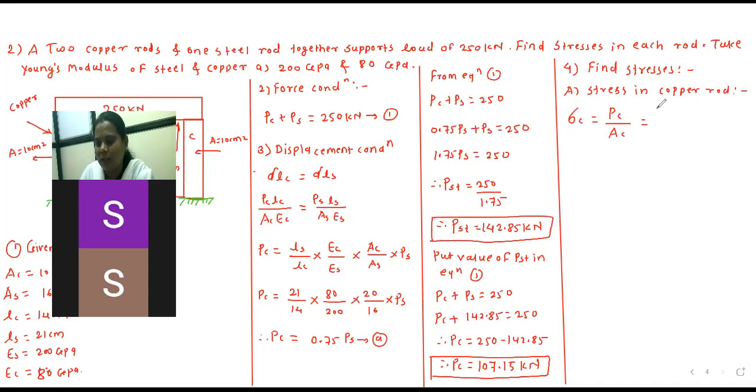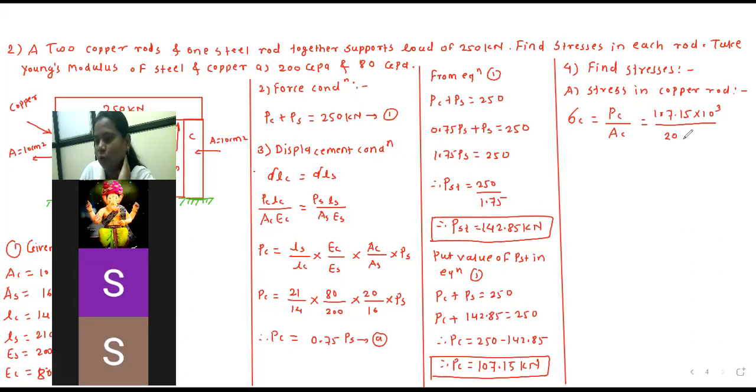So force in copper rod is 107.15 into 10 raised to 3, divided by area. Area is 16 centimeter square, no? No, 20, no? So 2000 mm square. Calculate and tell me sigma C. 53.57 Newton per mm square.